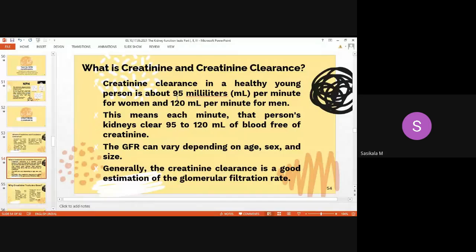So 95 milliliters per minute is cleared from the blood in women, and for men 120 ml. This means each minute that person's kidneys clear 95 to 120 ml of blood free of creatinine. Creatinine-free blood is produced each minute.